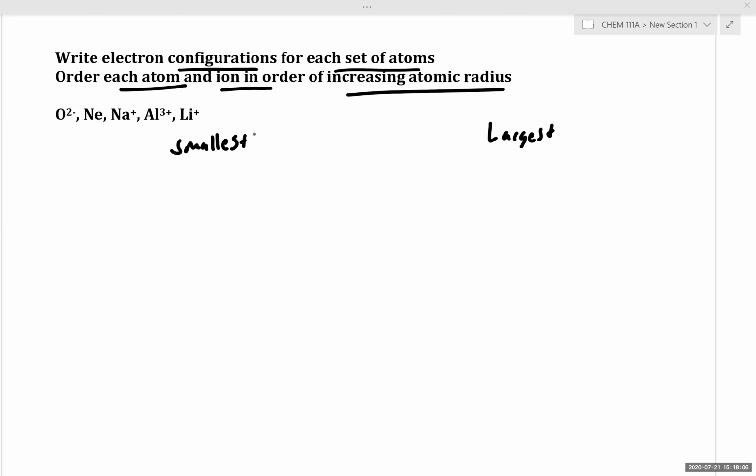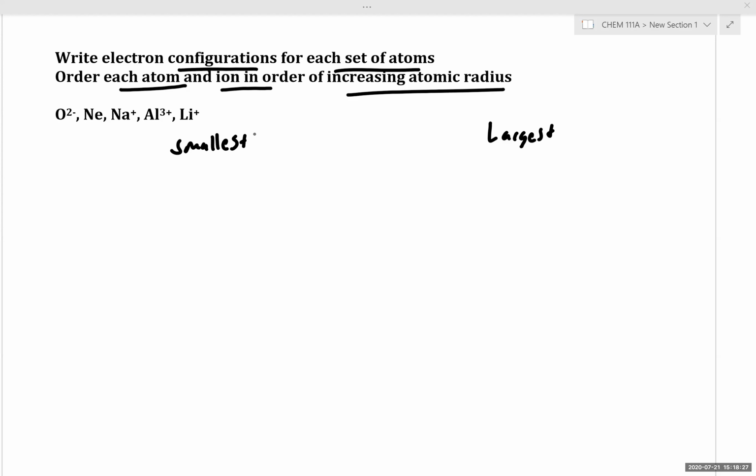Negatively charged anions are larger, cations are smaller. Yes, so you're correct in that O2- is in fact the largest. So let's discuss this example to provide a little bit of clarity.